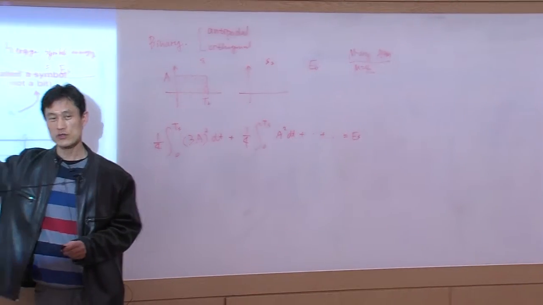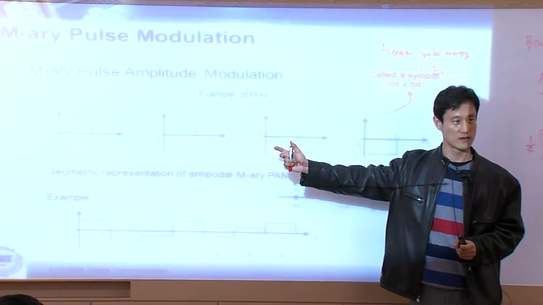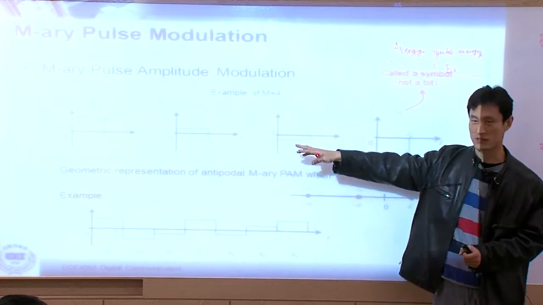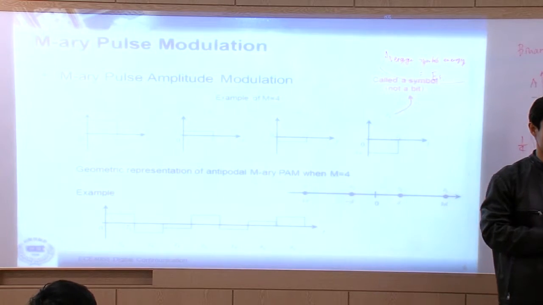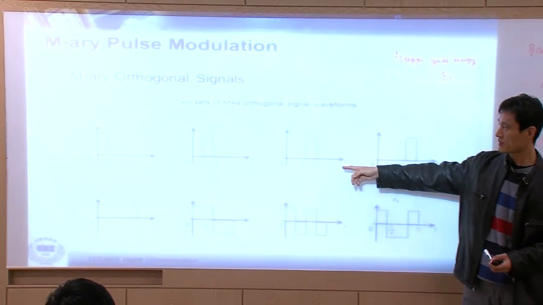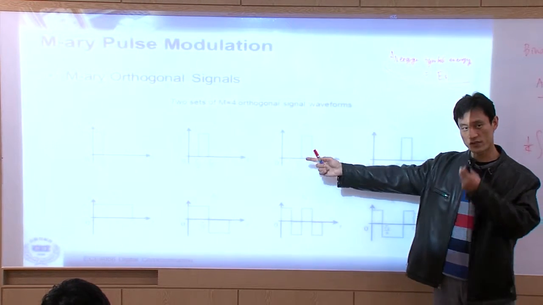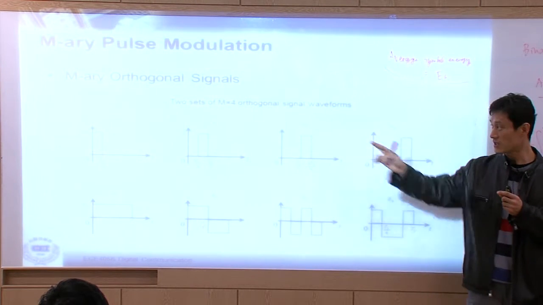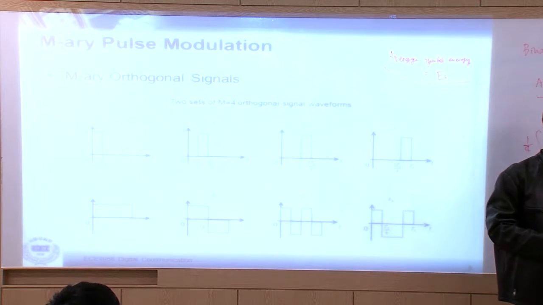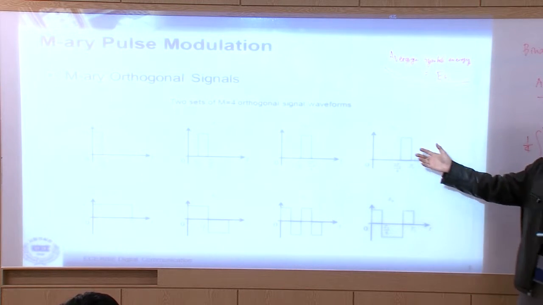This way looks almost the same as antipodal signaling, right? Because it's like a plus minus, like a minus plus. It looks like antipodal, kind of, right? What about this? Now what you see here is 4 different signals, S1 to S4. This signal actually is orthogonal.